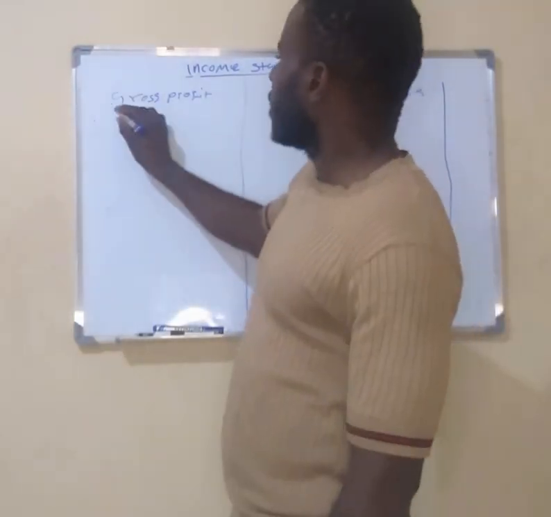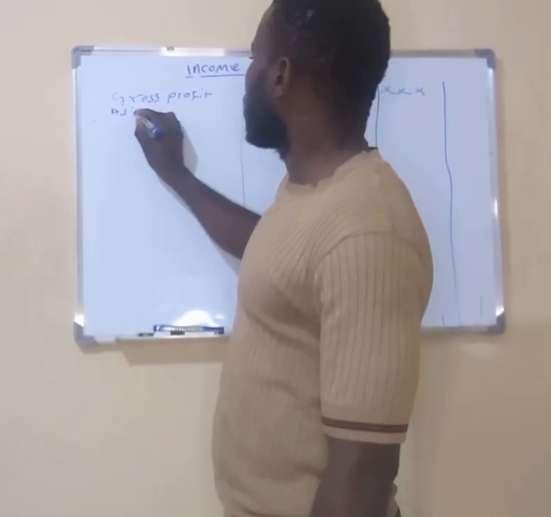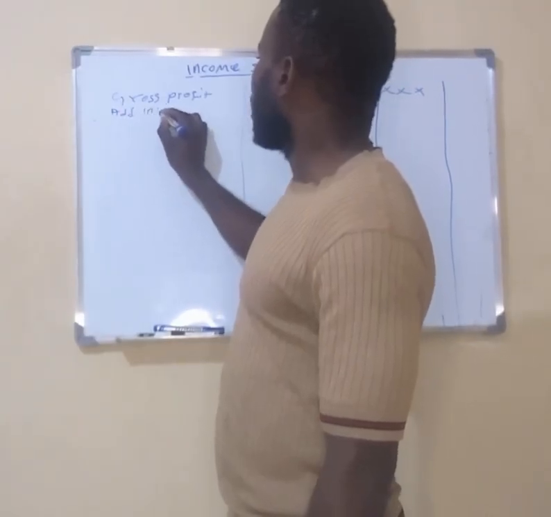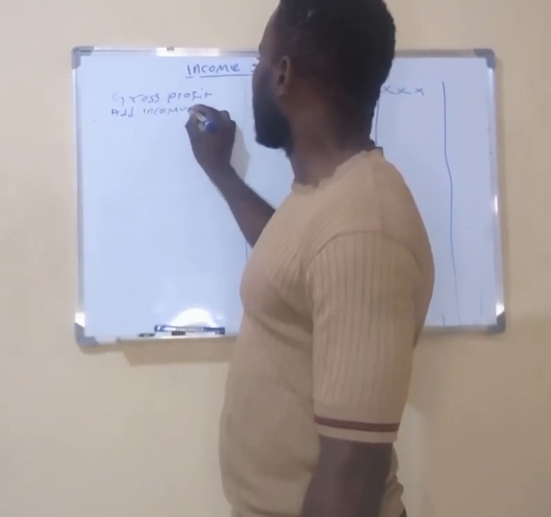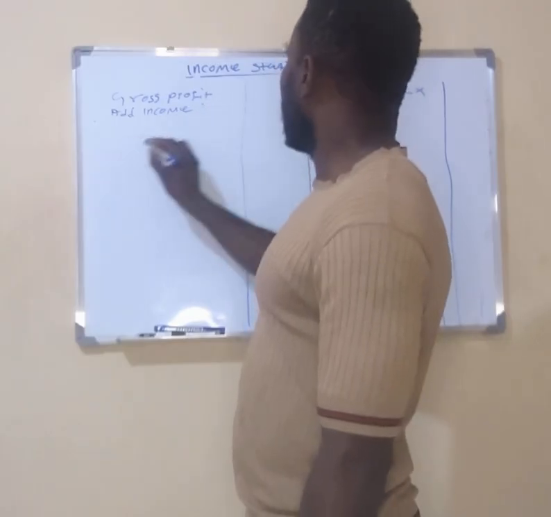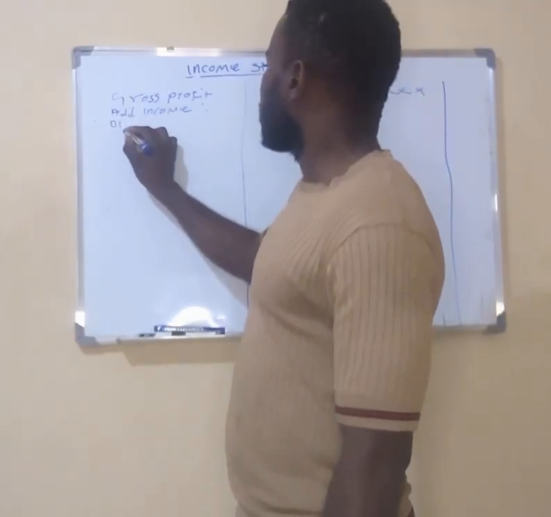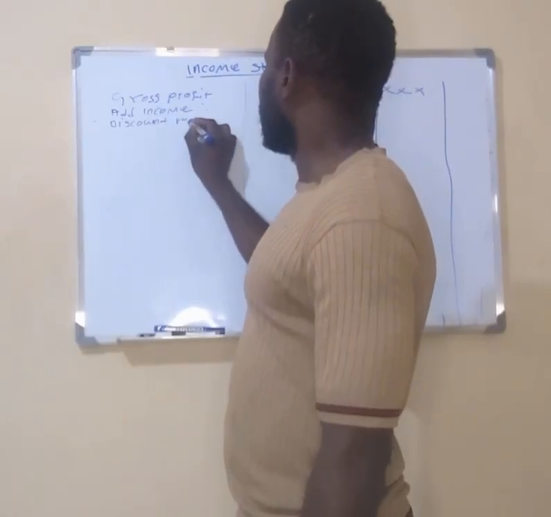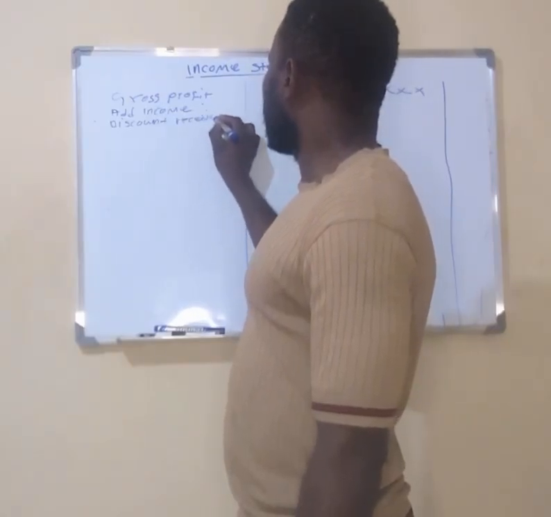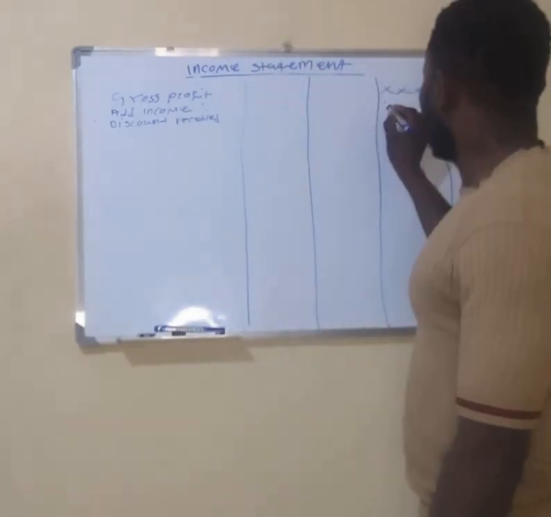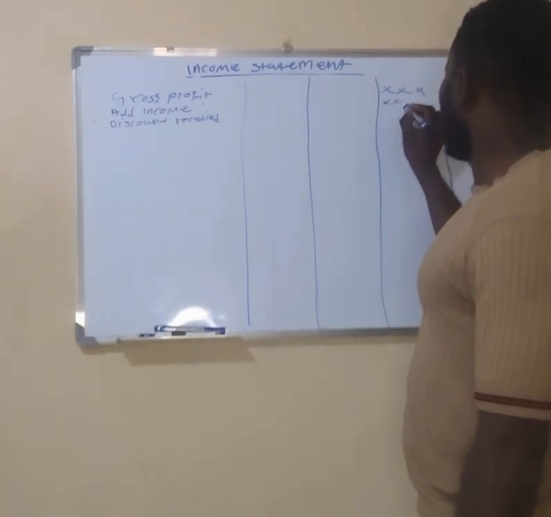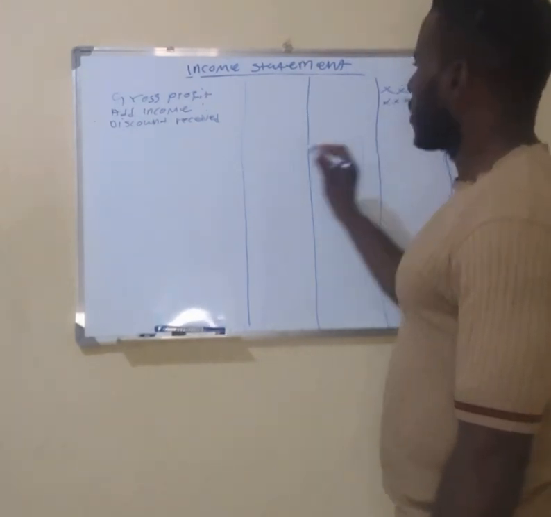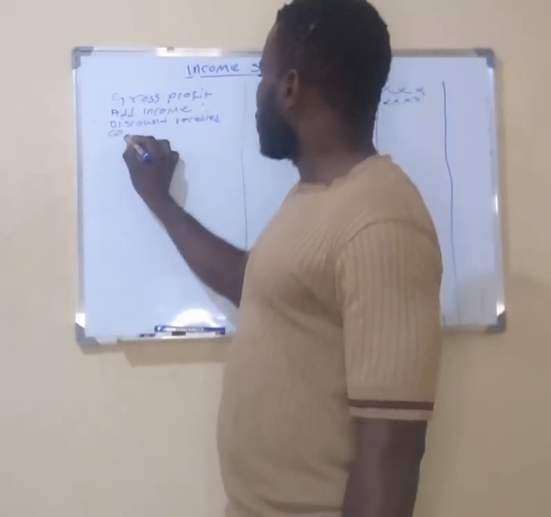So here you say other income. Here you say discount received. Then commission received.